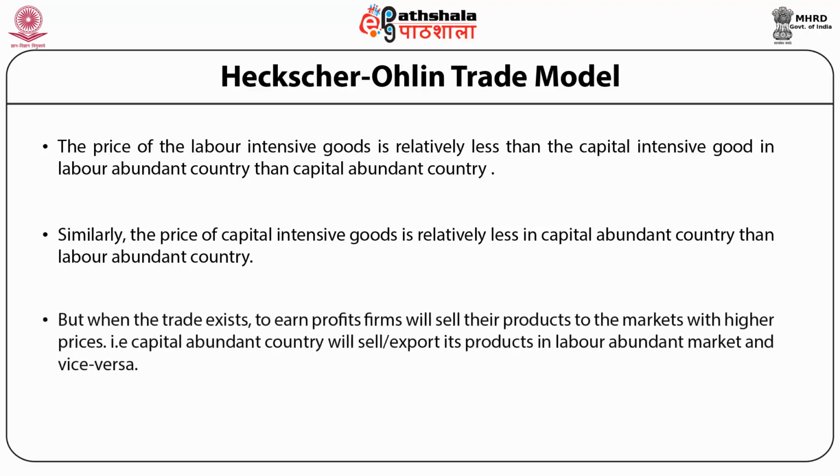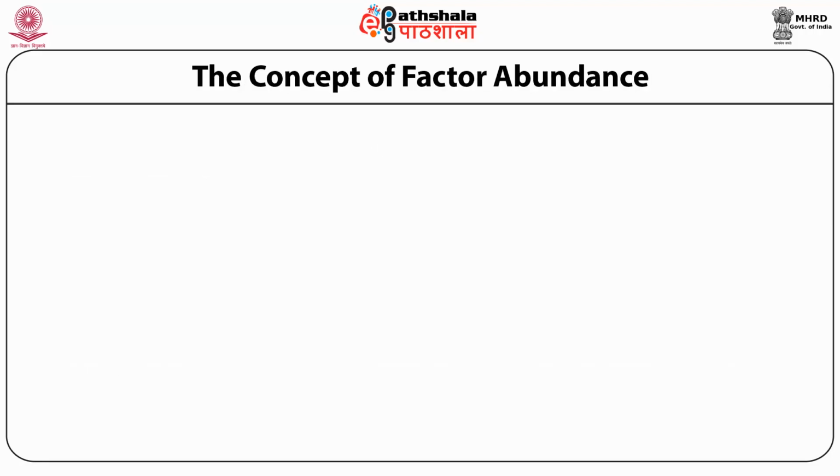But when trade exists to earn profit, firms will sell their product in the markets with higher prices. That is, the capital-abundant country will export its product to labor-abundant markets and win the profits, and vice versa. Let us see the concept of factor abundance.